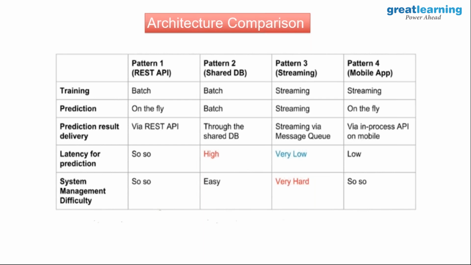Because it's the same data set structure which has been used for training the model where we are keeping the new records which come in. And through this DB, these new records which have been entered are given as an input to the model, and the output which you get is again stored in the DB. So that's why we call it a batch.